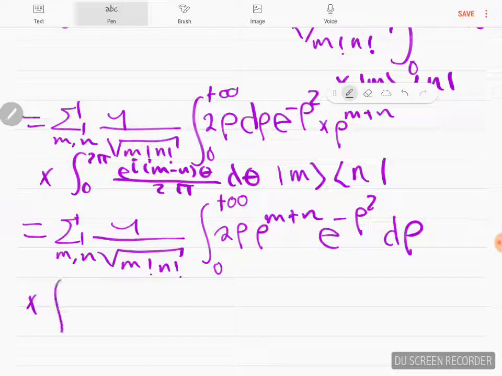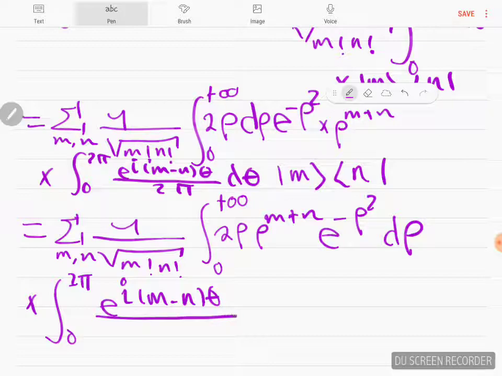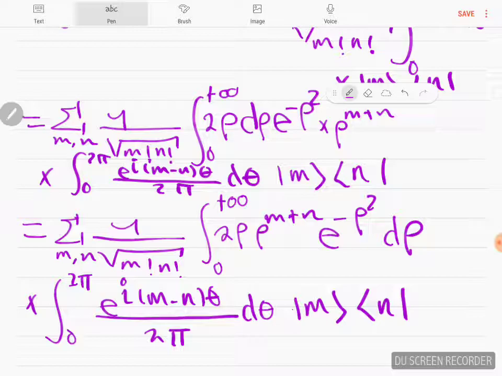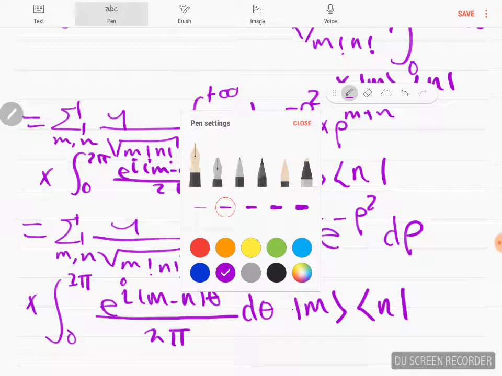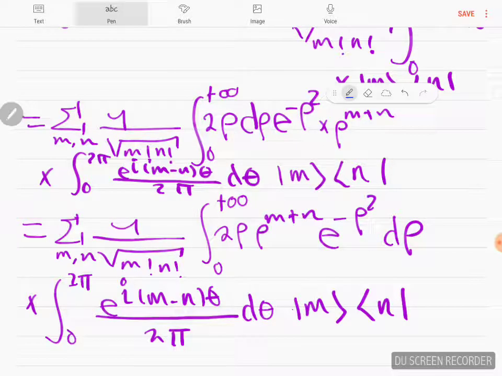So this is times the integral from 0 to 2 pi of e to the i(m minus n) theta divided by 2 pi d theta, times |m><n|.